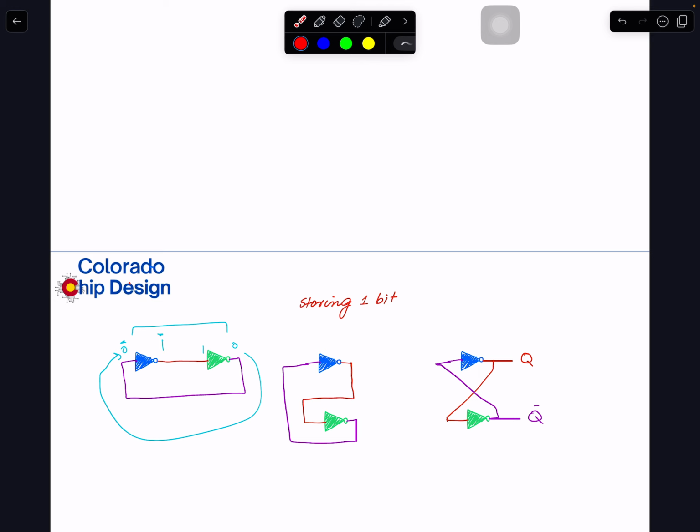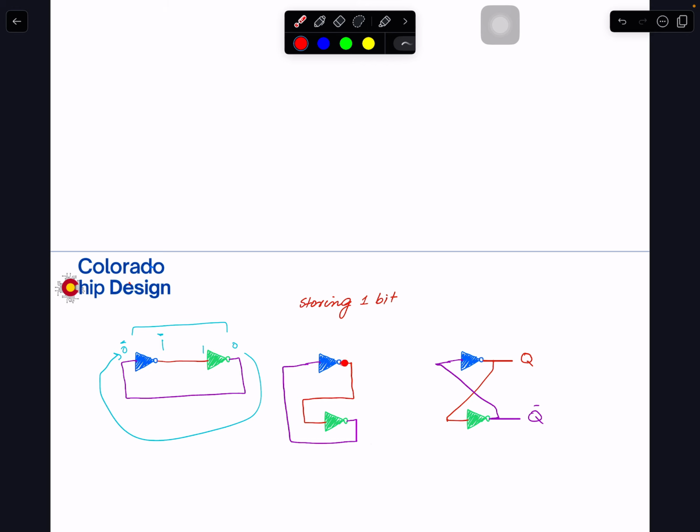Here's another way. You have typically seen something like this, but I have drawn it in the middle. This is the same thing. The only difference is I put the blue inverter at the top, green at the bottom, and now you can see just red in between, and the purple is connecting them. Then this thing is exactly this thing. They're all the same.